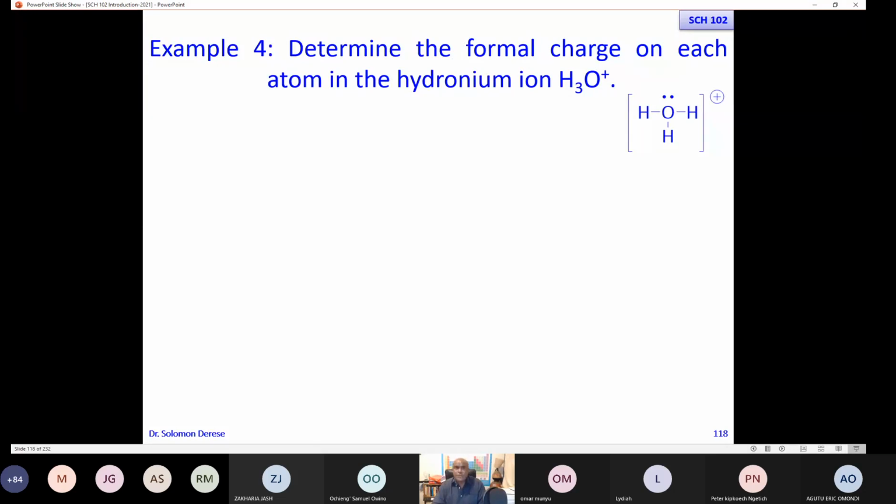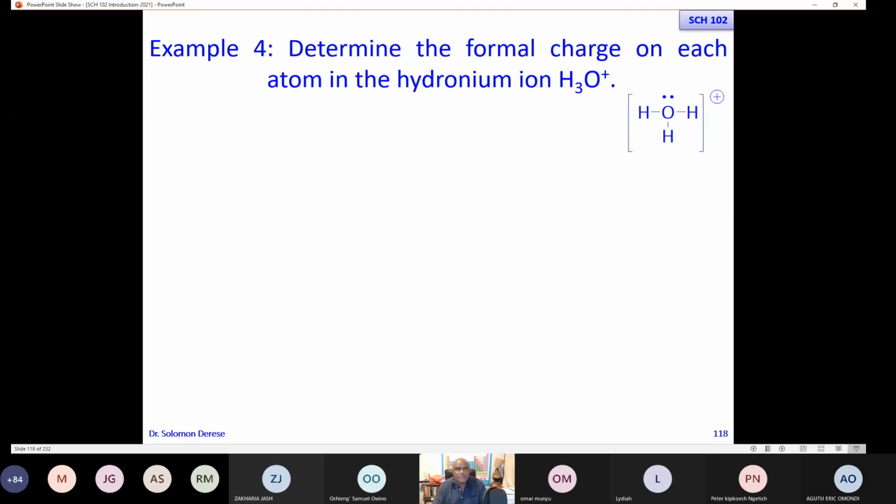The charge of H3O plus is +1. Now, which atom contributed to this +1 charge? When you look at H3O plus, we have 3 hydrogens and 1 oxygen. Which element contributed to this charge on the hydronium ion?